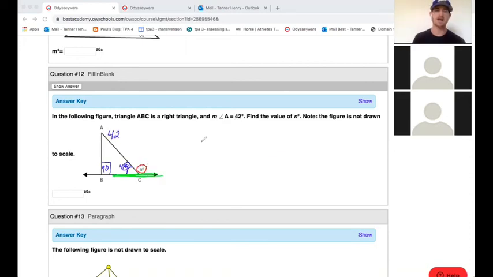And so a straight line adds up to 180, and it's called supplementary angles. So if it needs to add up to 180 and I already have 48, so minus 48, what am I left with?